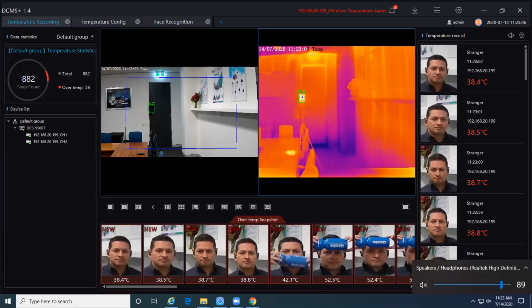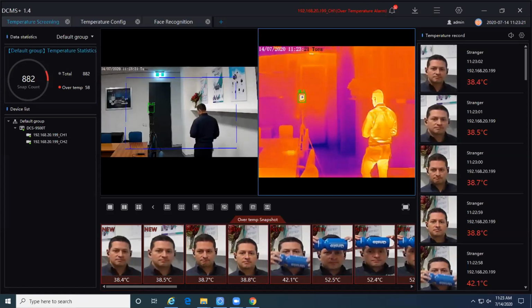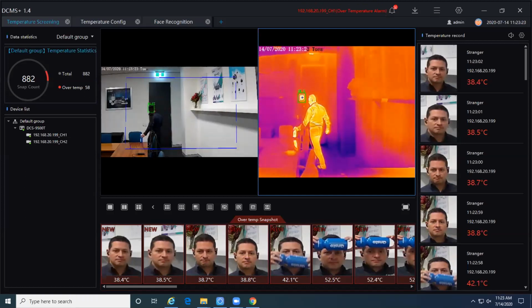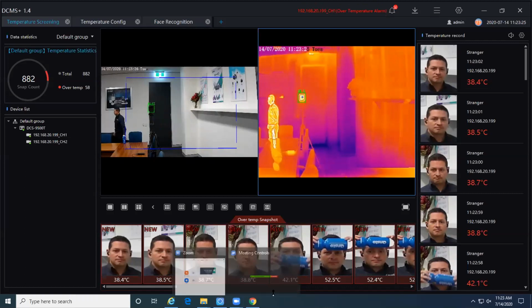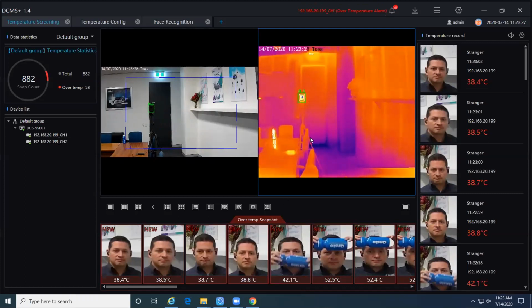Over temp. So I'll just stop that. As you can see, we set up the system to announce that there is a person there with elevated temperature and announce that temperature. We went a bit overboard with the temperature, but obviously you get the idea. If the person has got higher than the required temperature, you will straight away see it. All right, so this is how the software works.